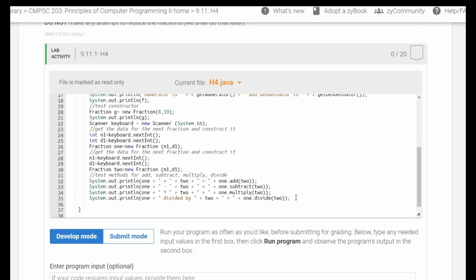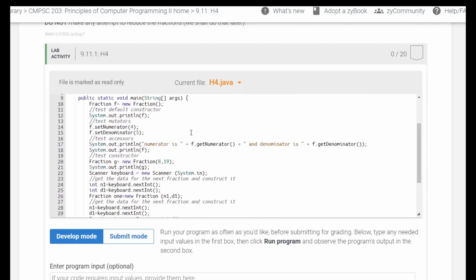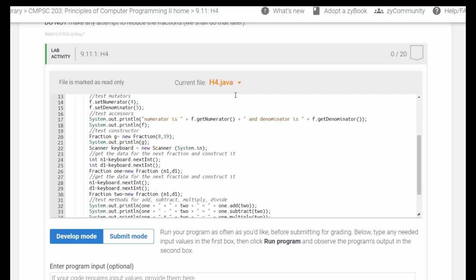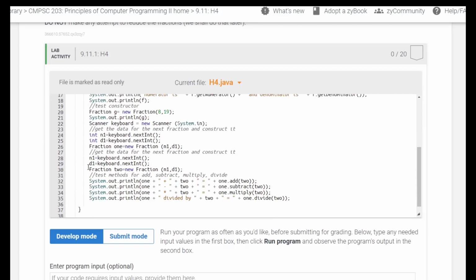Maybe the easier thing to do is to copy all of this into NetBeans and then start creating your fraction class in NetBeans. The reason I'm saying this is that then you can comment out at least lines 31 through 35, which you cannot do here because it's read-only. Then you wouldn't be forced into writing everything before you can test it.